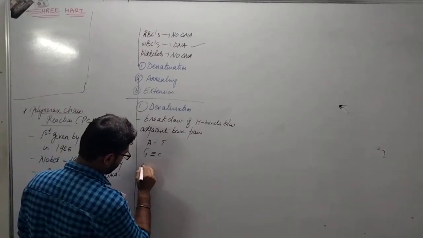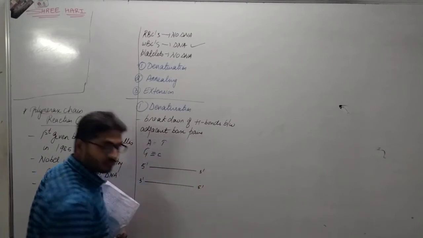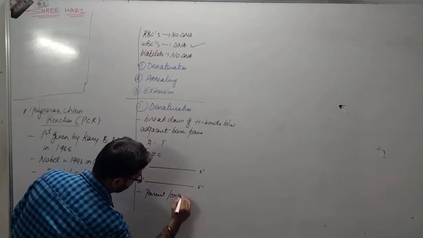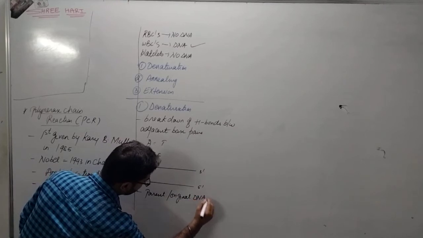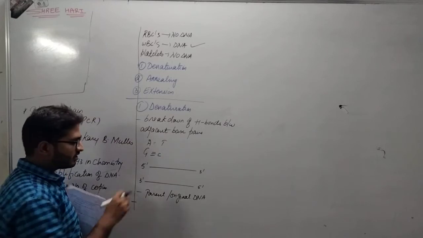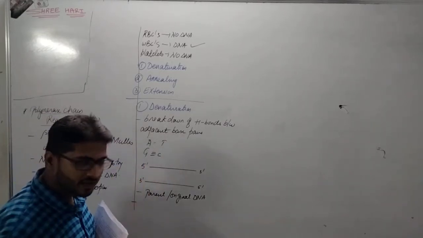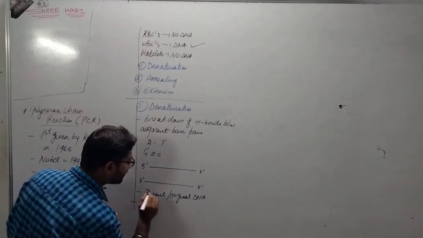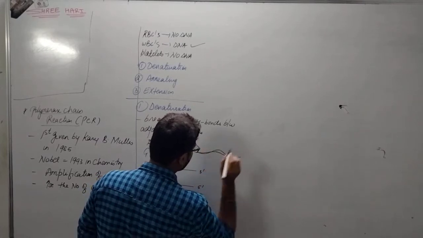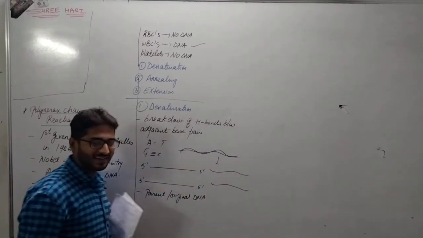So say for example, if these 2 are the strands, that is the parent DNA or original DNA copy that we are talking of, then denaturation is the first step in which the hydrogen bonds between the 2 strands, purines and pyrimidines, will break. The initial one is this DNA. Right? Now what we will get is the 2 strands.